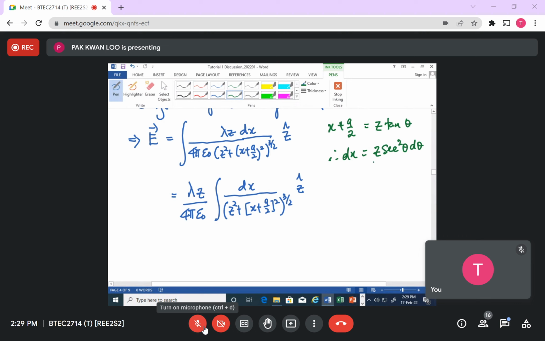So we are going to substitute the whole variable x plus a over 2 as z tangent theta.